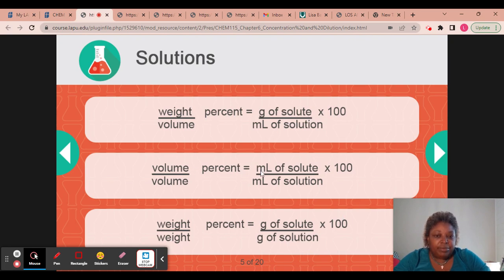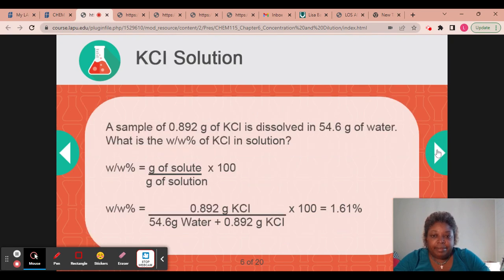If volume is on top, it would be the milliliters of solute. And then the bottom is always going to represent your solution, whether it be milliliters or grams. And we're always going to multiply by 100. Since 100 is part of the equation, we do not use this for significant figures. So keep that in mind.